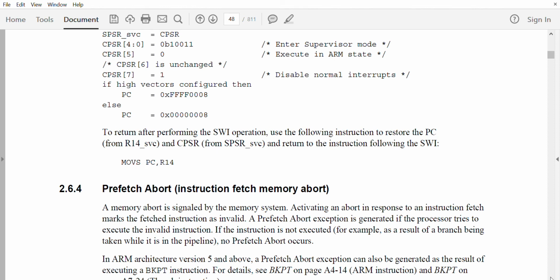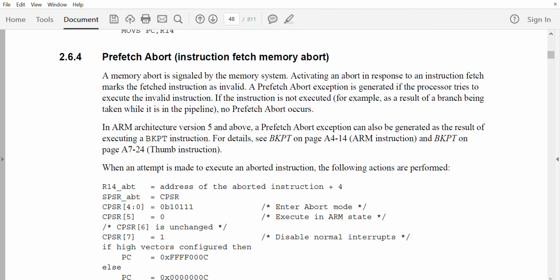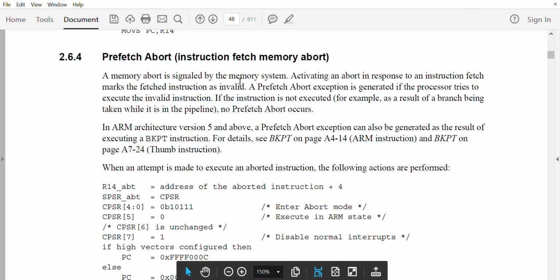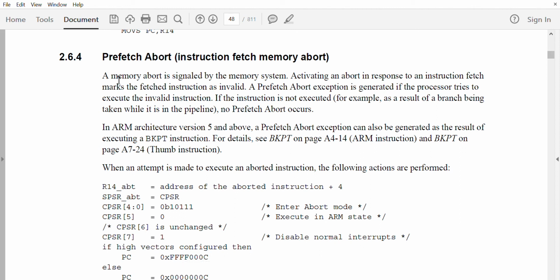Then you have the prefetch abort. If a memory system signals a memory abort, so if you have an instruction fetch, and the processor is trying to fetch an instruction from the memory, and at that time a memory abort is given, then that fetched instruction will be treated as invalid.